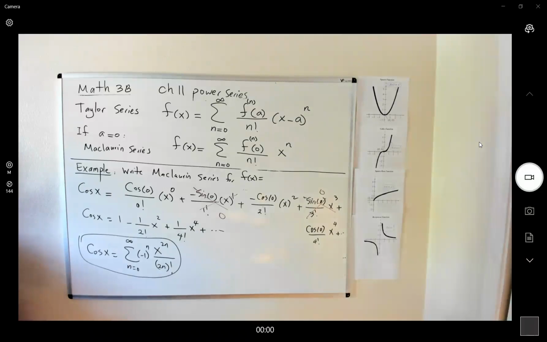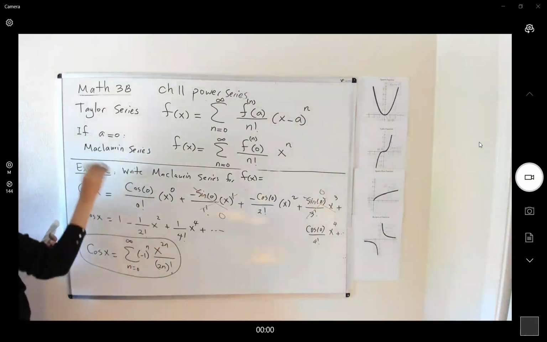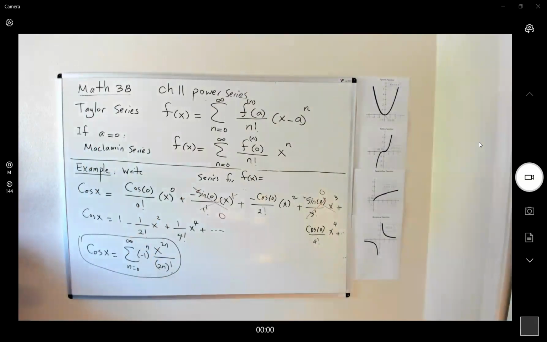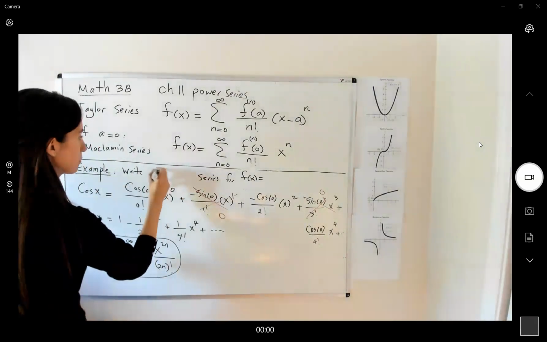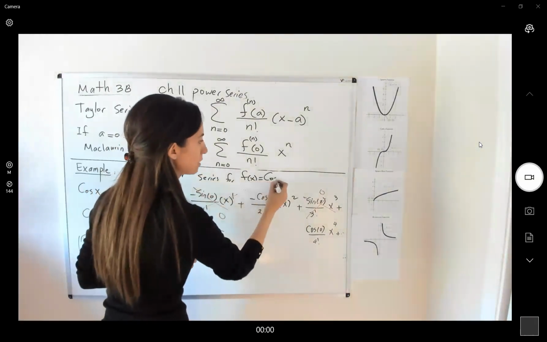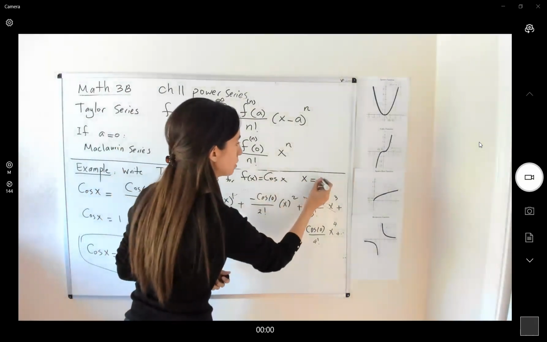Okay, now suppose you want to work with the cosine function, the same function. Instead of having Maclaurin series, you're going to have Taylor series. Taylor series for function cosine x at x equals to, let's say, pi.